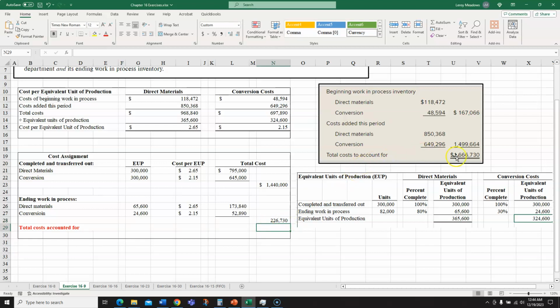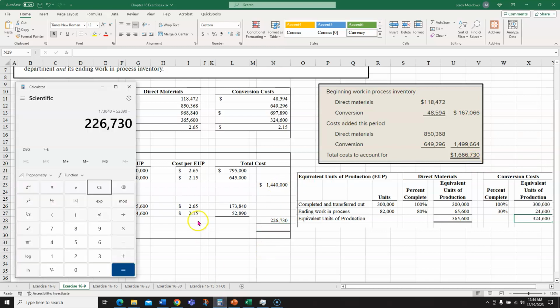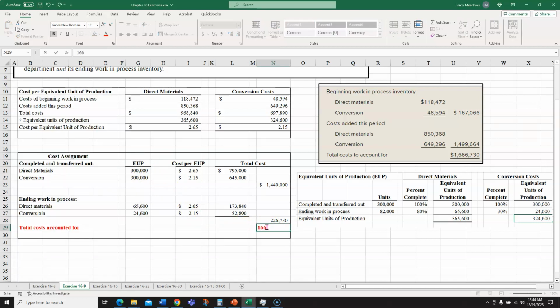So I had to account for $1,666,730 worth of total costs. How much cost do I have here? Well, if I add that up, 1,440,000 plus 226,730 gives me 1,666,730, exactly the amount I needed to account for.